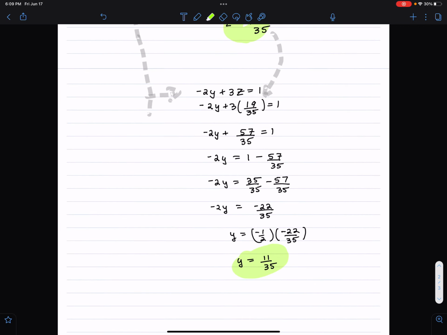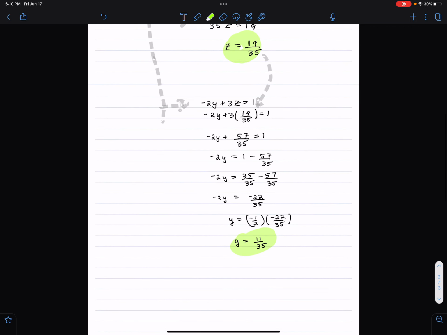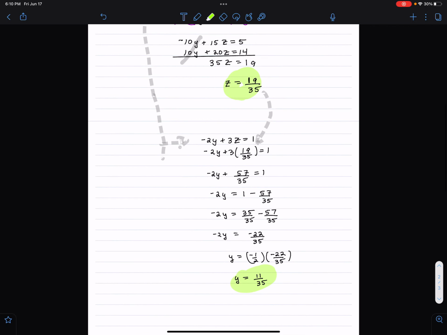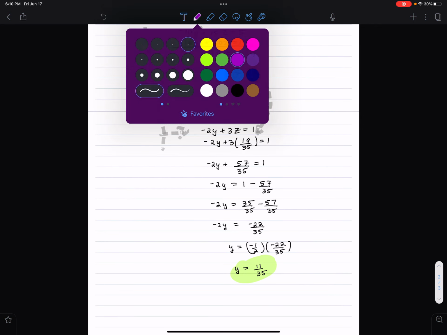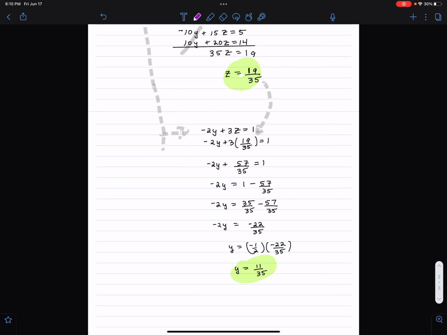Okay, so I reduce the fraction, and now I have z and y, and I need to find x. Under this part right here, it would be better maybe if I had put a heading, find y. That's what I was doing.